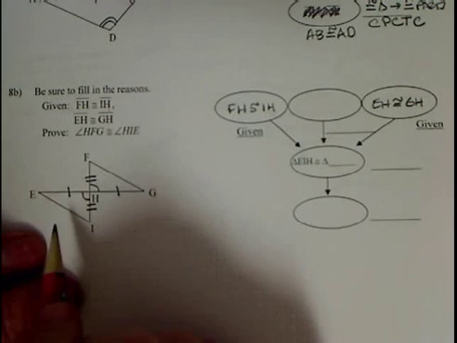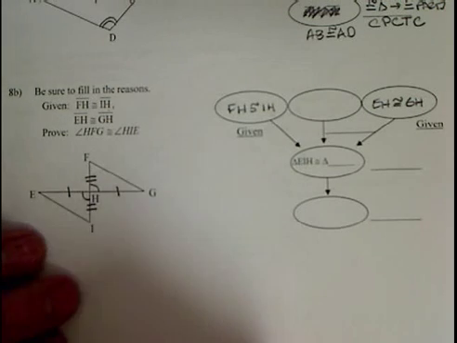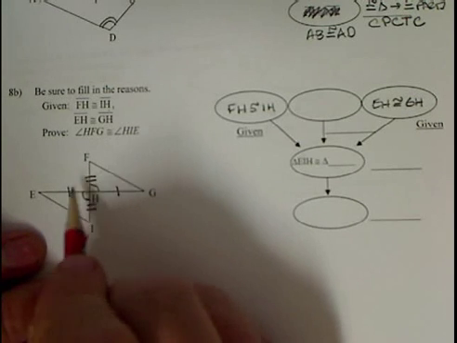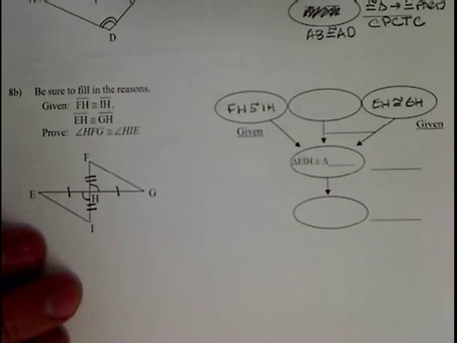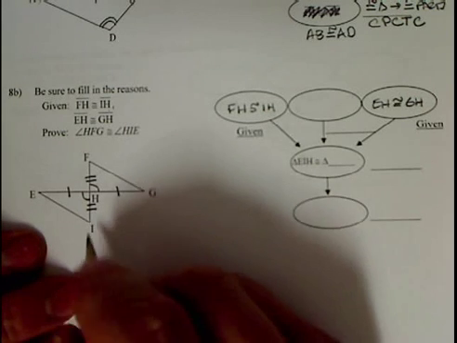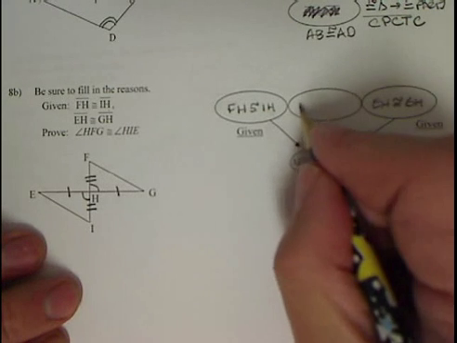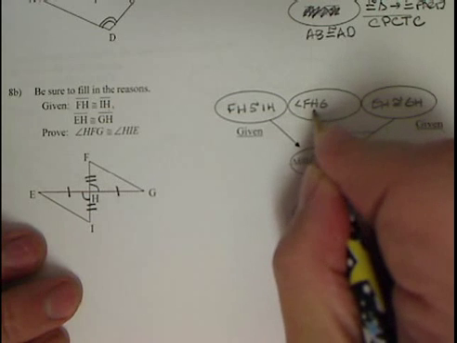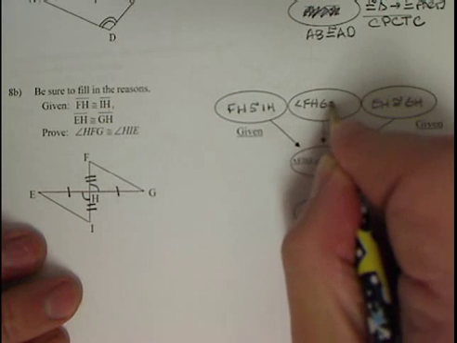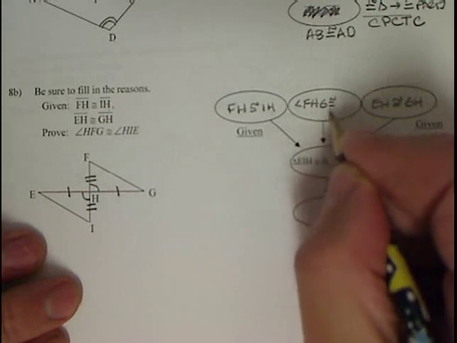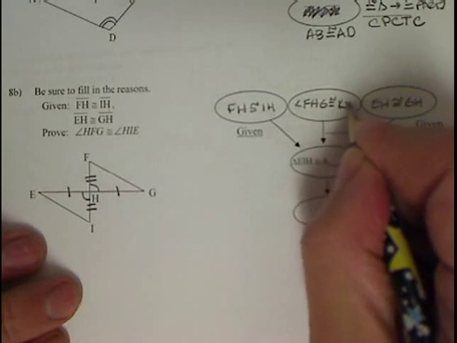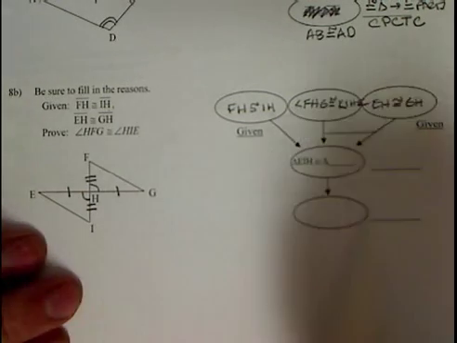Now for this one, if I'm going to say these two triangles are congruent, I have to use the 3-letter combination because I don't know. I just can't say angle H is congruent to angle H. So I can write it right up here as angle FHG, make sure the H is in the middle, is congruent to angle IHE.